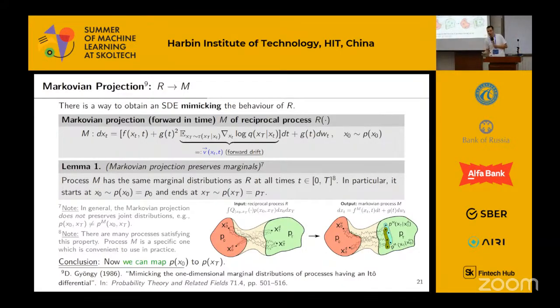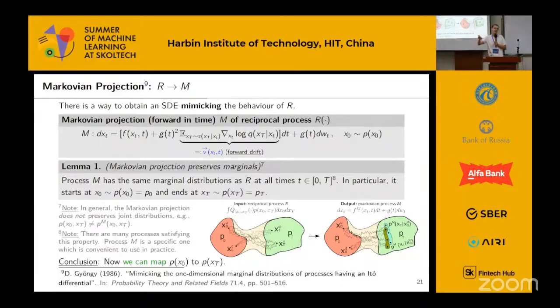The answer is no, because to estimate this drift, we need to sample some particular points from our R, which is this reciprocal process. And here we need to sample the endpoint of our reciprocal process given some intermediate point. And the story here is just like in flow matching.